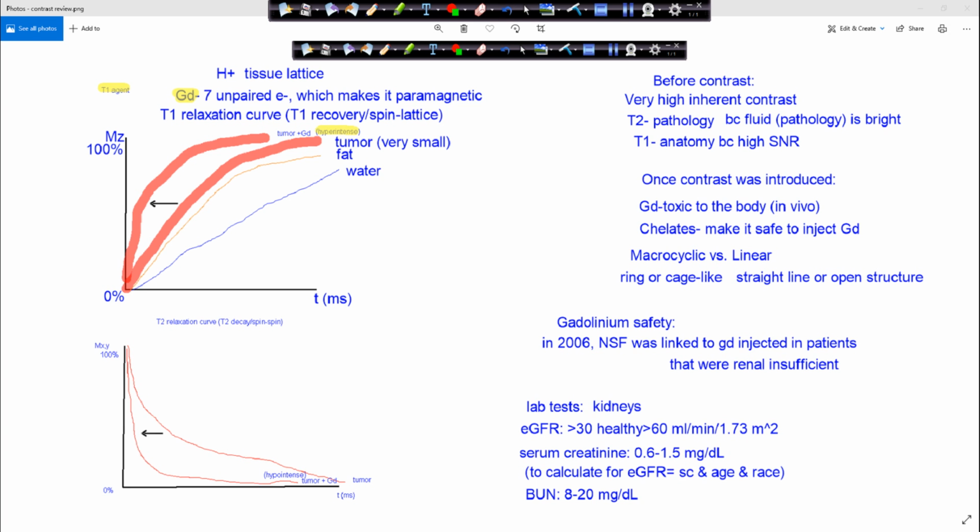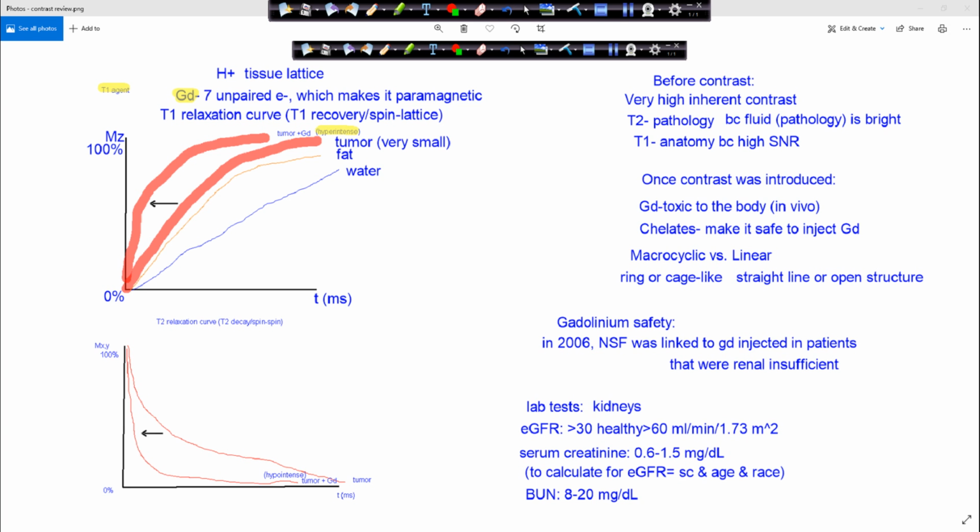And as we get closer and closer to the precessional frequency of our hydrogen protons, our tissue relaxes a little bit quicker. So gadolinium is a slightly attractive metal to our static magnetic field. So as it slows down the tumbling rate of water, it causes our tissues to relax a little bit faster.